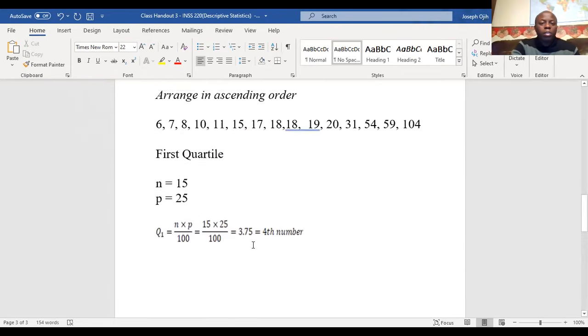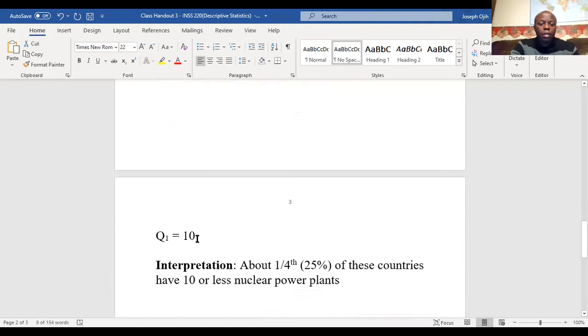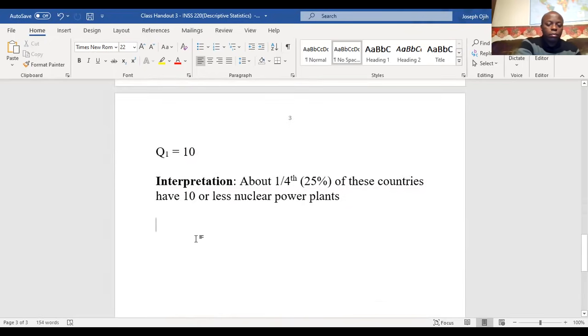Now, the next one says to find Q2. Following the same approach, let me copy this and replace it with Q2, the second quartile. So N is still 15, but this time for the second quartile P is 50.